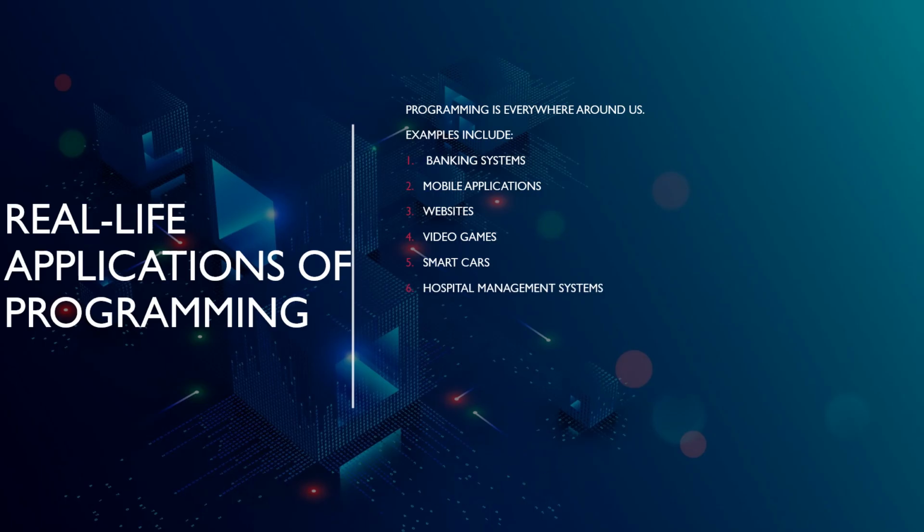Hospital management systems: doctors use software to store patients' records, print prescriptions for medicines or for a particular sickness. They also book appointments and use those applications to check laboratory results. Online shopping: look at Jumia and Temu, for example. What are those applications used for? Online shopping. We also have the ATM machine where we go and withdraw our money.